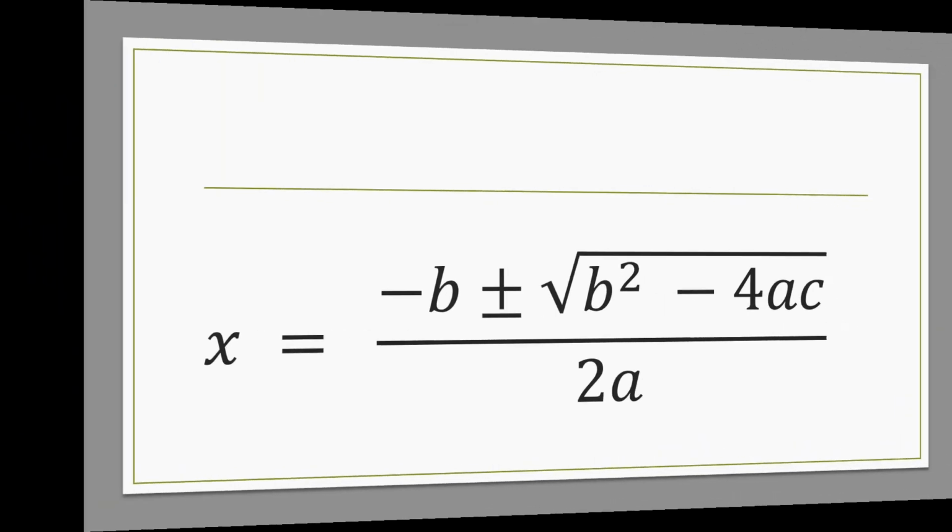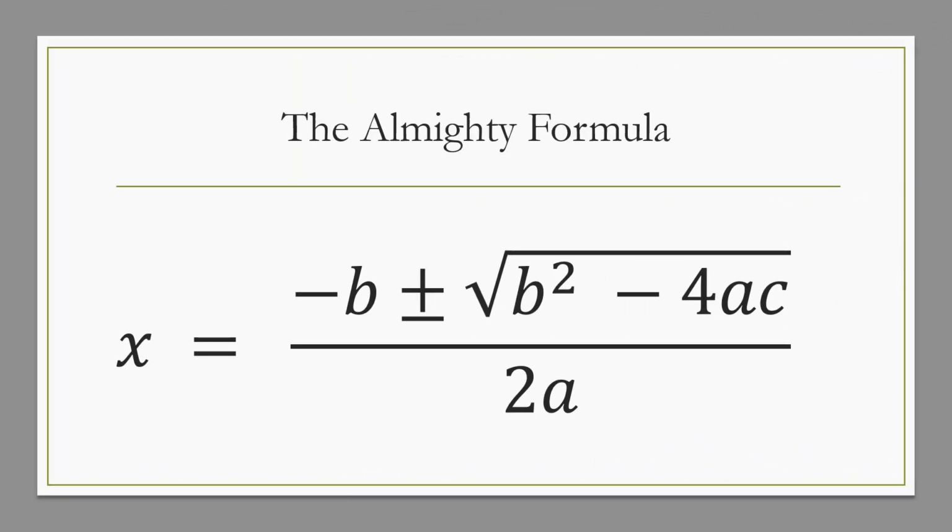And so finally, we have our almighty formula, and that is x equals minus b plus or minus the square root of b squared minus 4ac over 2a. And this formula can be used to solve any quadratic equation.